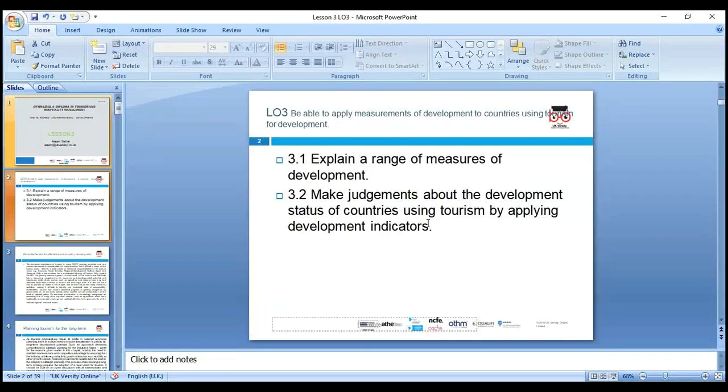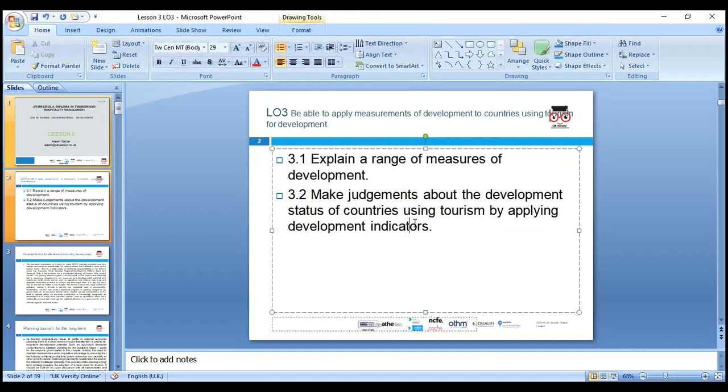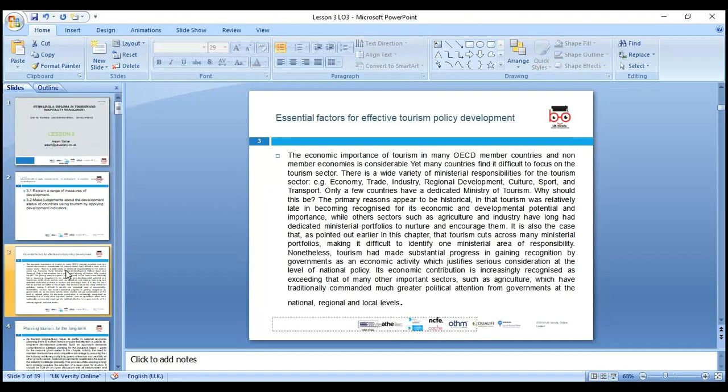So today, of course, we have our LO3, be able to apply measurement of development to a country using tourism for development. We have two assessment criteria: explain a range of measures and make a judgment, as we said. So first we look at the essential factors for effective tourism policy development.